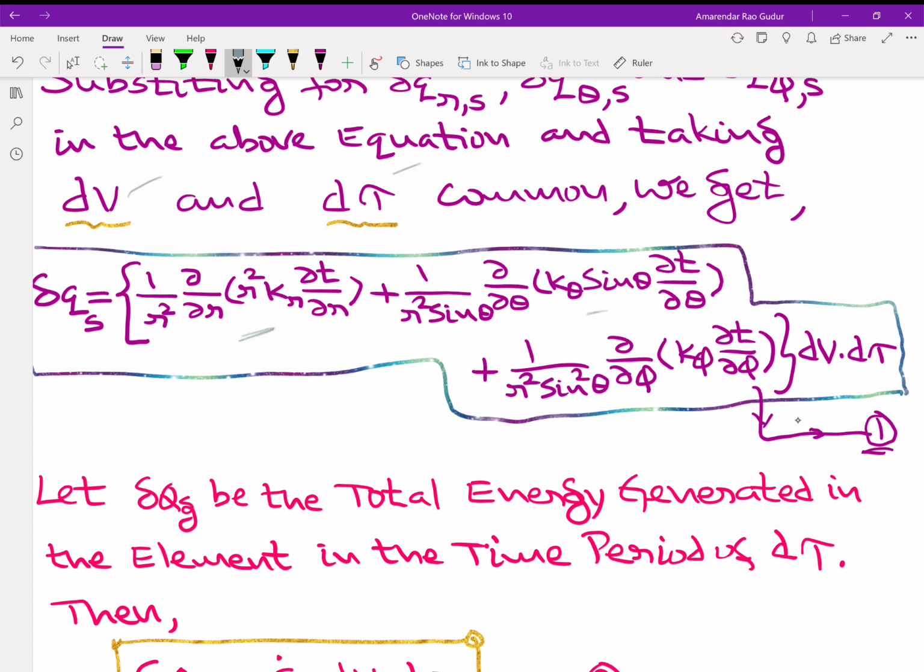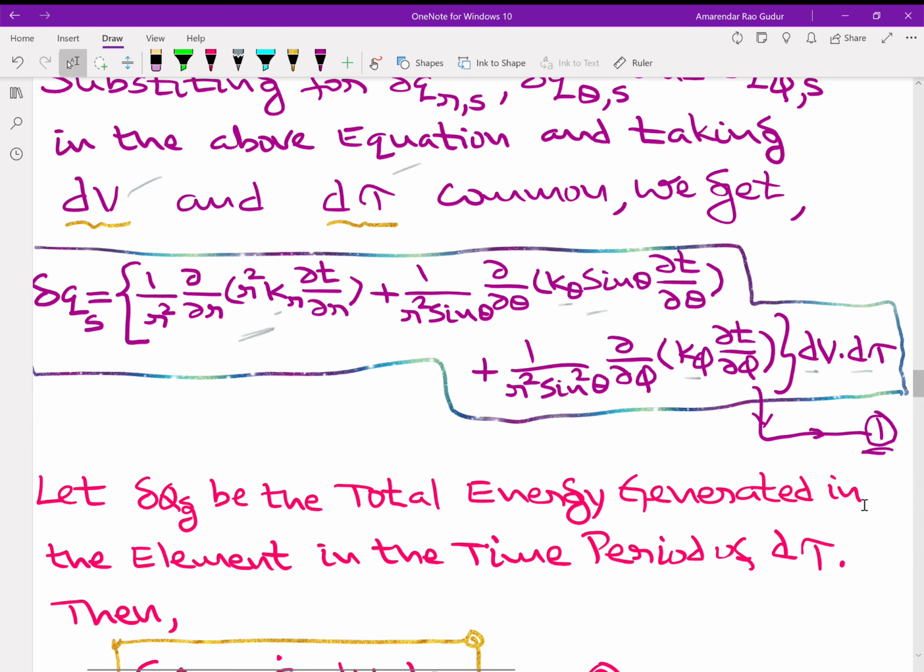Then 1 by r square sin square theta del by del phi of k phi del T by del phi component, and we have volume and time constant in all the cases. It may be noted that Kr is thermal conductivity along r direction, K theta thermal conductivity along theta direction, K phi thermal conductivity along phi direction.